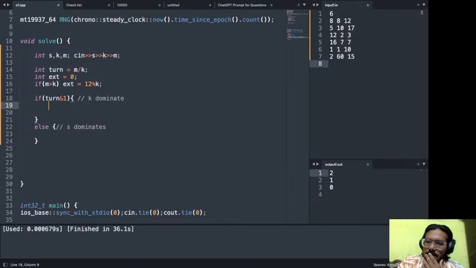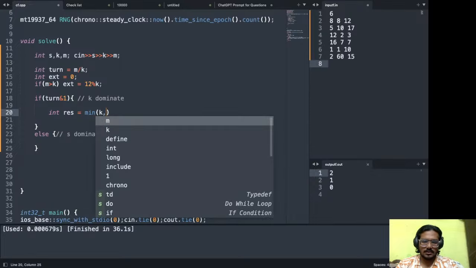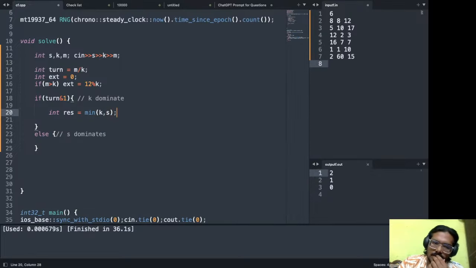K dominates, but you have to take the min of both, right? Reserve is the min of k and s, because it doesn't matter if k is big, if s is small, then we have to take the smaller one.